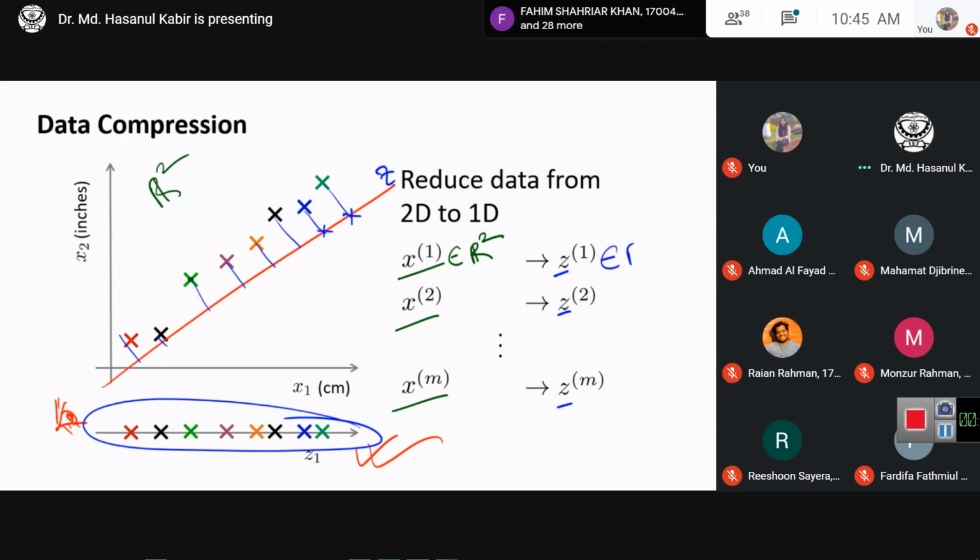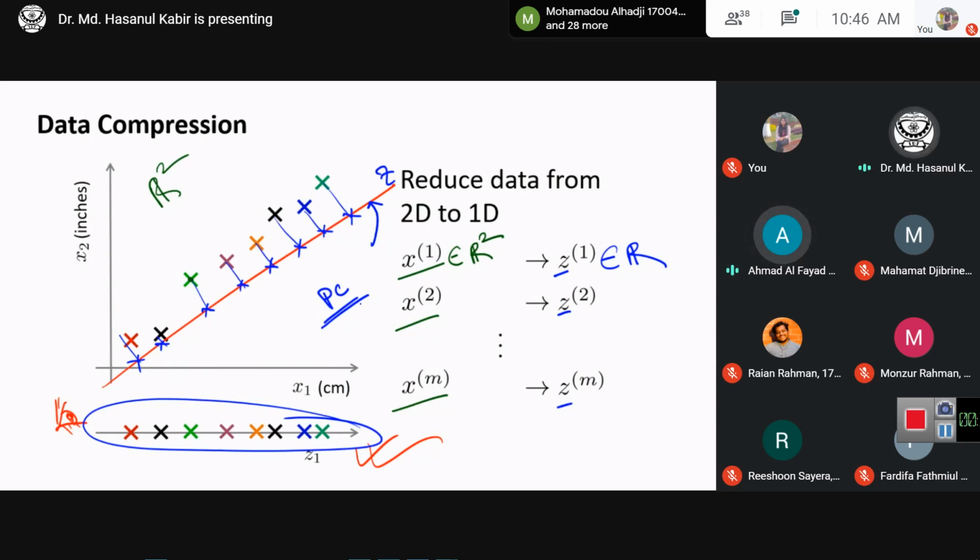So does the representation change? That is question number one. If you do the projection on this line, let's say this is your principal component, does your representation change? Do we have a new representation of those points?